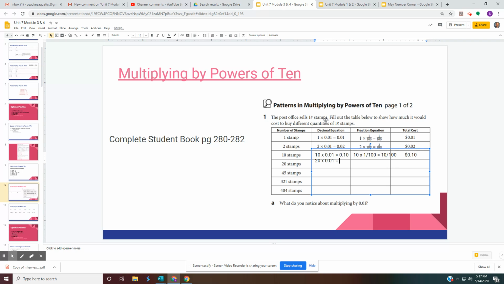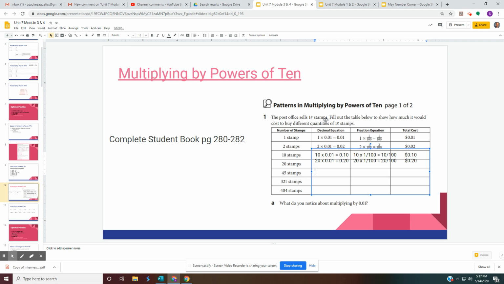So if I have 0.1, I probably will have 0.20 or 2/10, which would mean that I had 10 times, nope, it was 20 times 1/100th, which would equal 20 hundredths, or 2 dimes, or 20 cents, right?